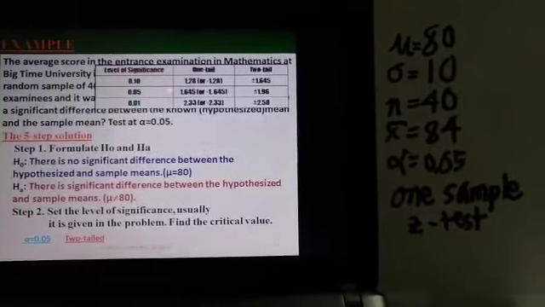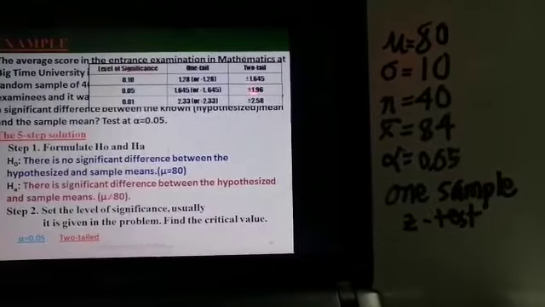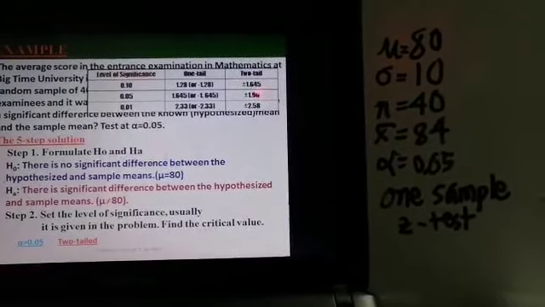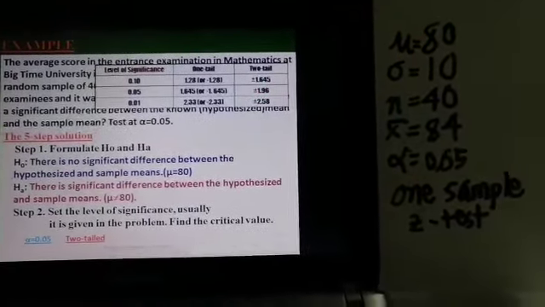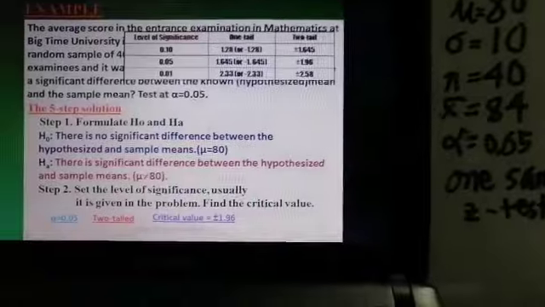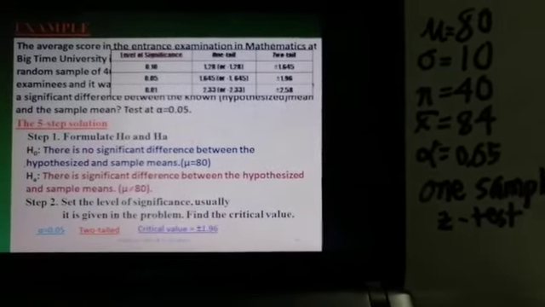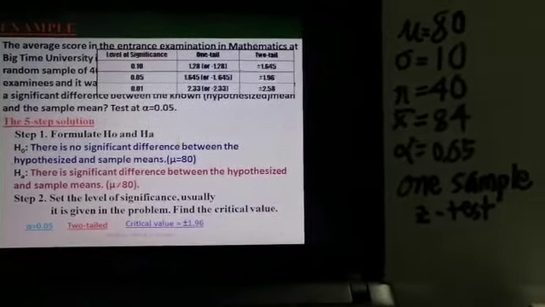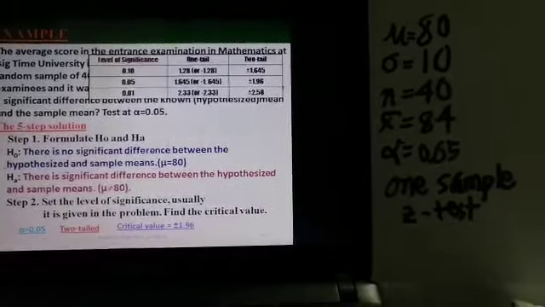So, 0.05, a two-tailed test. Therefore, do you see the laser? It points to positive or negative 1.96. So, our critical values are positive and negative 1.96.